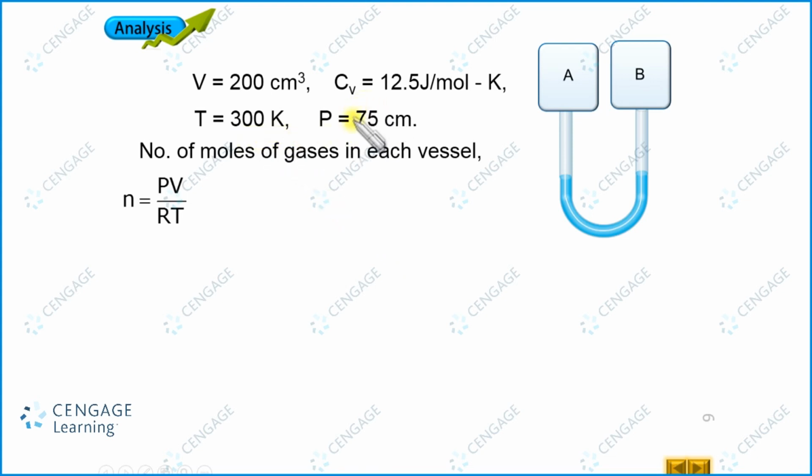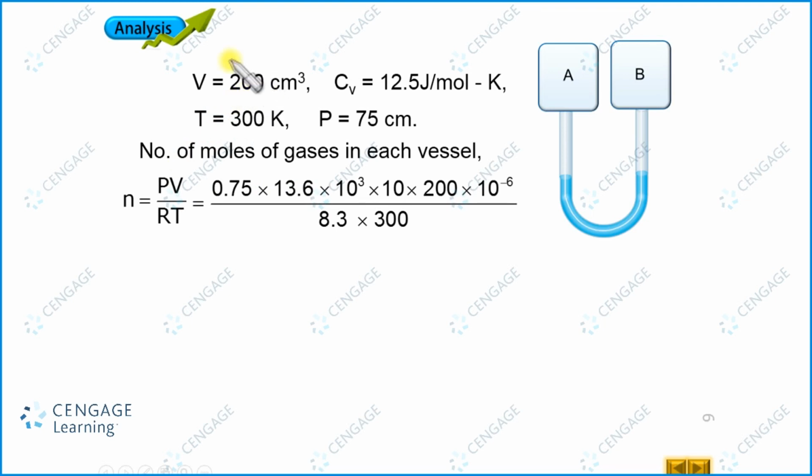P equals 0.75 multiplied by 13.6 into 10 to the power 3 multiplied by 10, and the volume, as we discussed, should be in meter cube, so we multiply with 10 to the power minus 6. Temperature is 300, already given in Kelvin, and R value is 8.3. If we calculate this, it is equal to 0.008. So these are the number of moles in this vessel as well as this vessel.